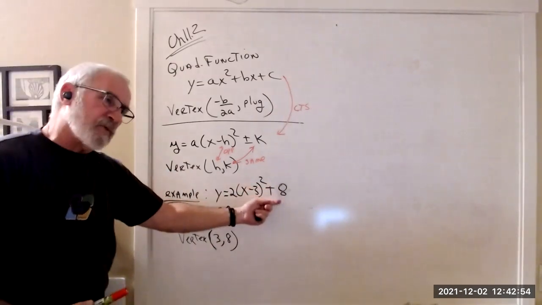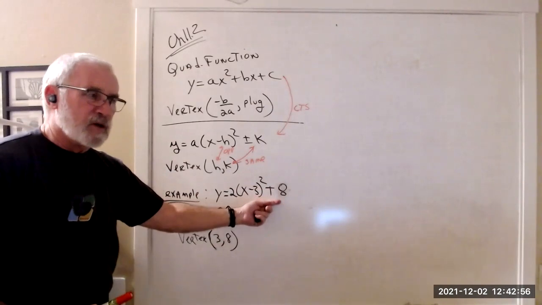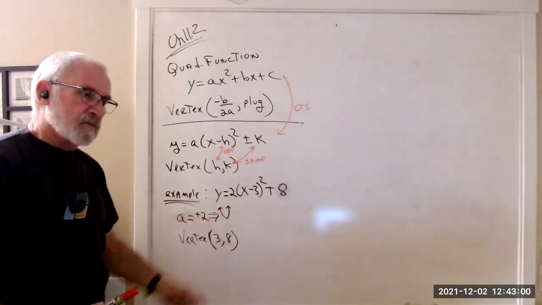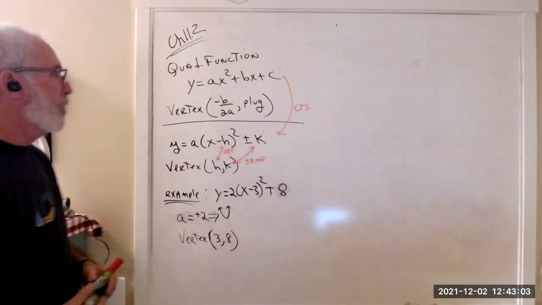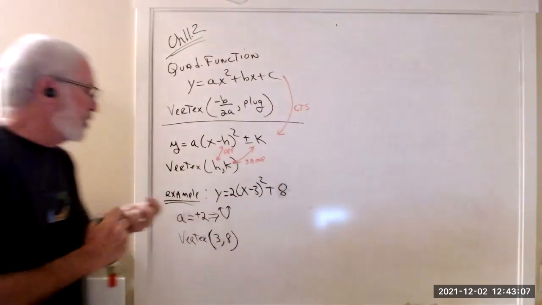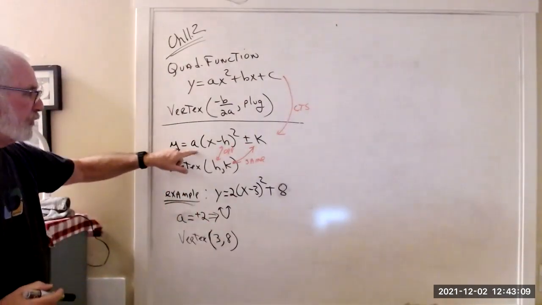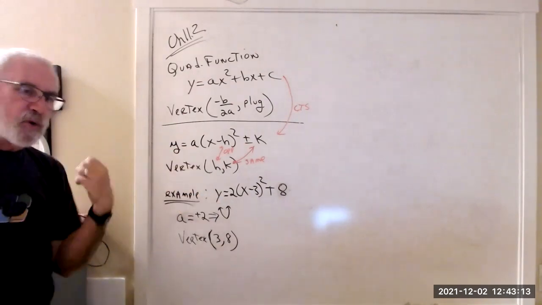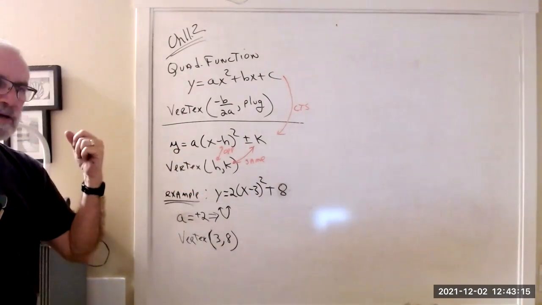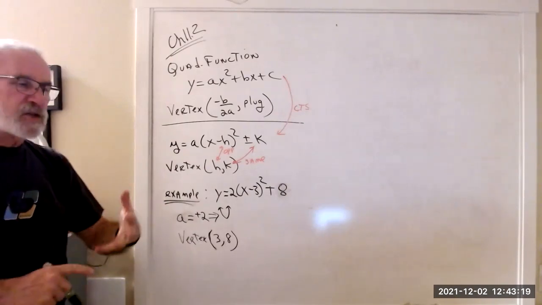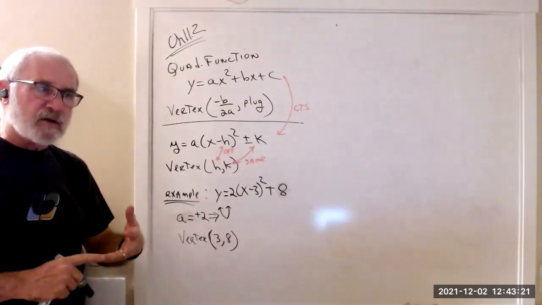If you're just pulling information from the equation itself, you use exactly what you see. Now, the advantage of this format is that you can pull the vertex out instantly, with very little thought. But the x-intercepts and the y-intercepts are hidden from you.